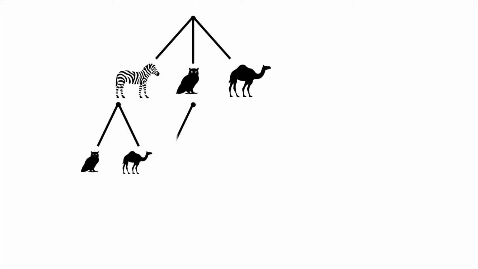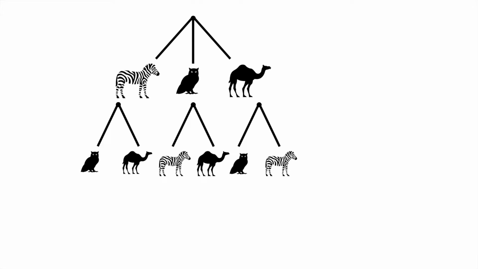If our first choice was an owl, we can either choose a zebra or a camel for our second choice. If our first choice was a camel, we can either choose an owl or a zebra for our second choice. For our third choice, there will only be one option left for each of the second choices.